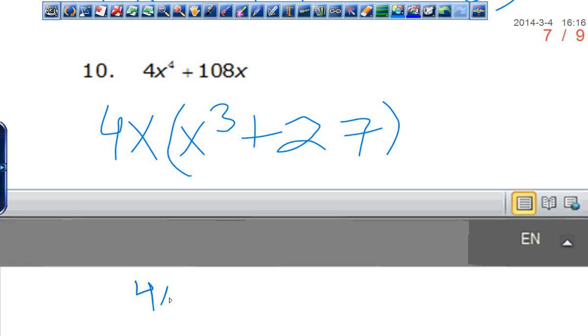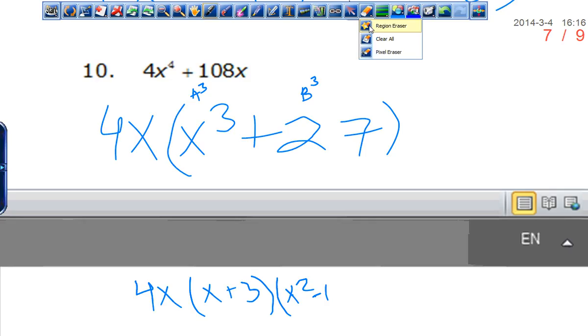This is my a cubed, this is my b cubed, so that means a is x and my b is 3. Then the next thing says a squared, so this is x squared. Next thing says minus a times b, so x times 3 is 3x. And then lastly, b squared, b is 3, so b squared is 9.